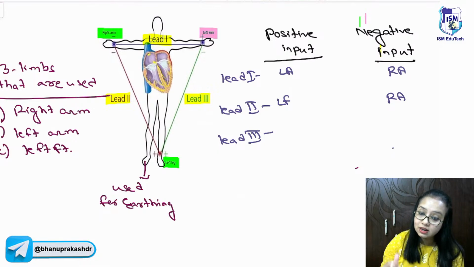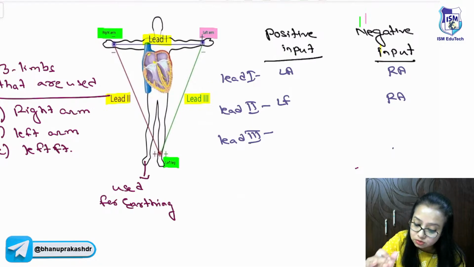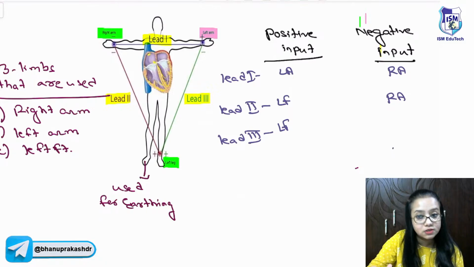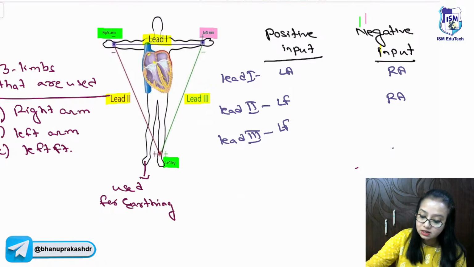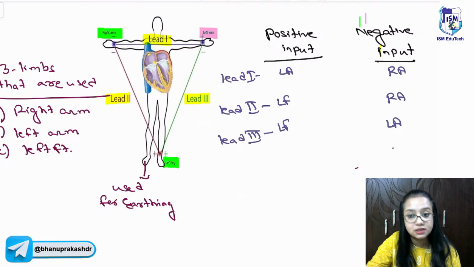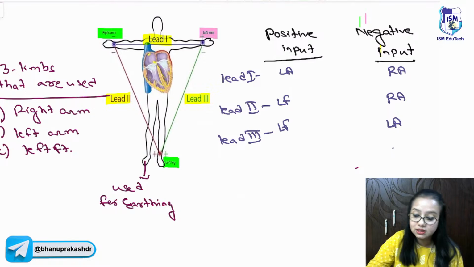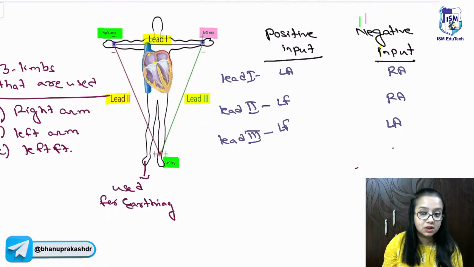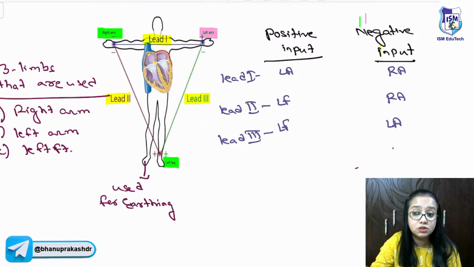The left foot, we know, is always positive. So, obviously, the left arm is the one that is having the negative input. So, if we remember that the right arm is always having the negative input and the left foot is always having the positive input, and if we remember the limbs that are in the leads, we can automatically write on our own without actually having to mark it up.